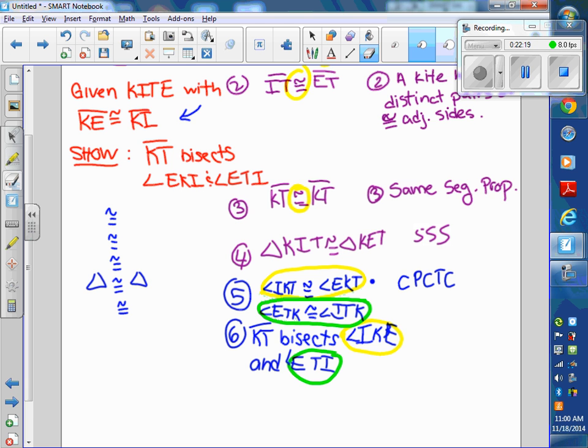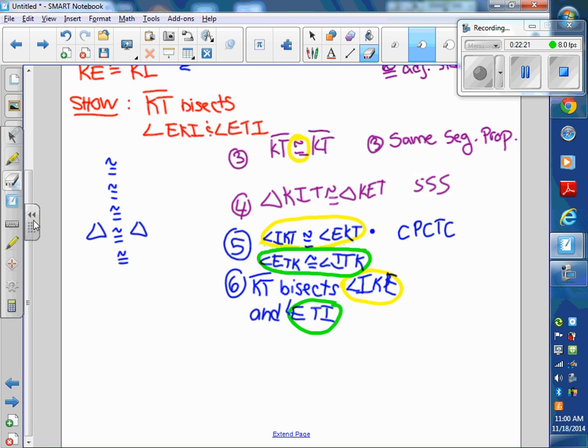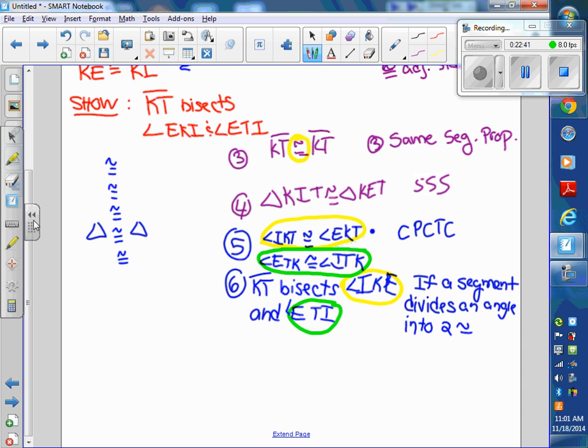I have to scroll down to do that. If a segment divides an angle into two congruent parts, then it is an angle bisector.